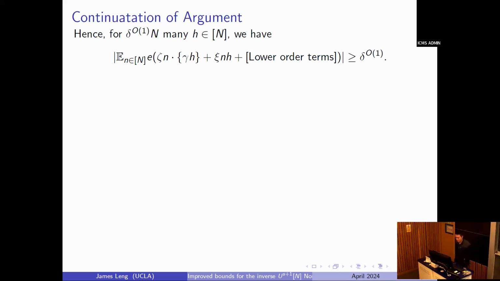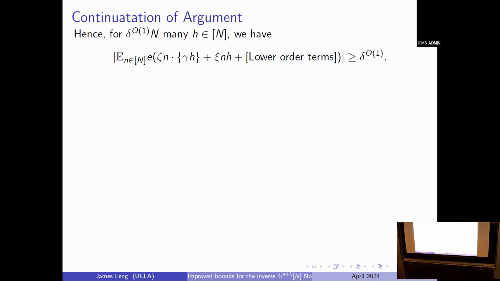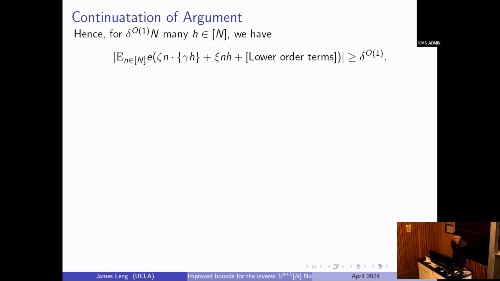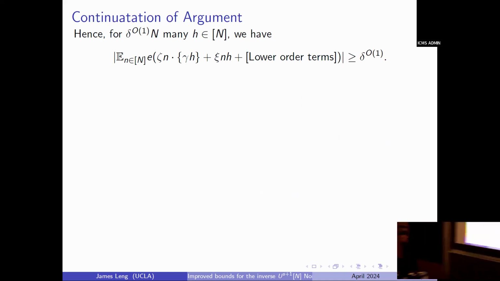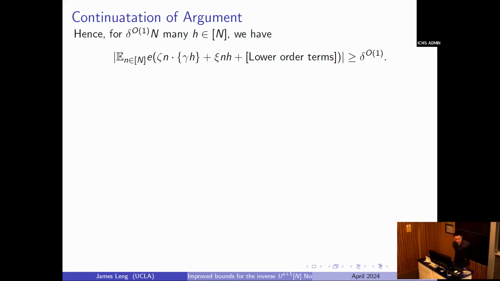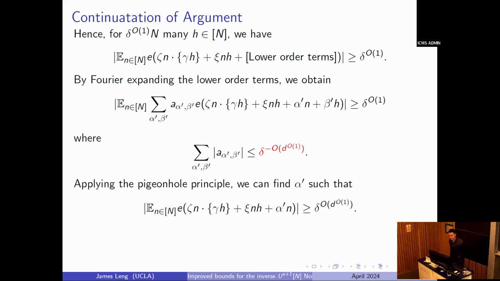And okay, so applying this, we have e of zeta n dot gamma h plus a bunch of lower terms. The step right before this is e of b of n plus h minus b of n. So that's what we did. Then what we're going to do is Fourier expand the lower order terms like I did before.